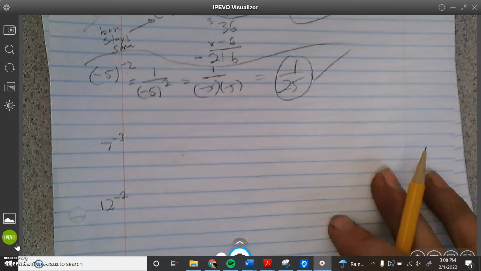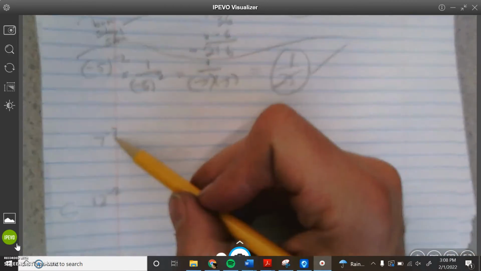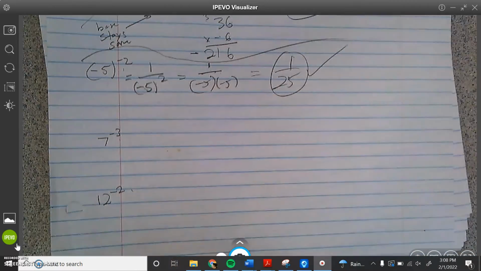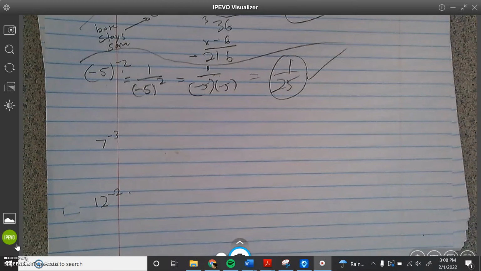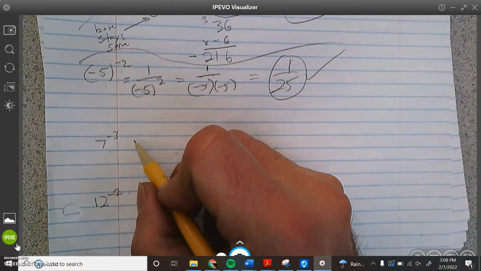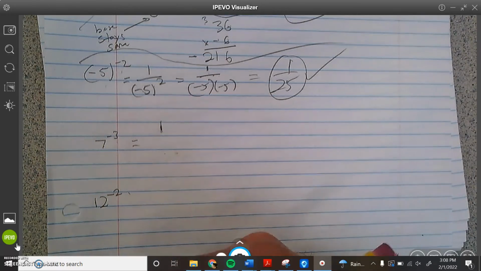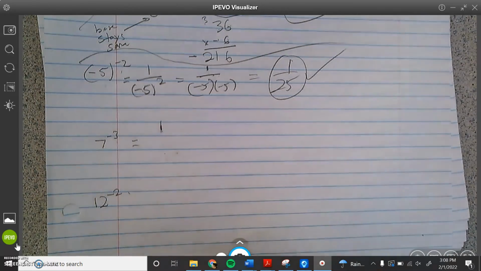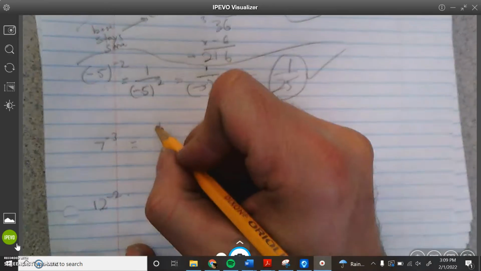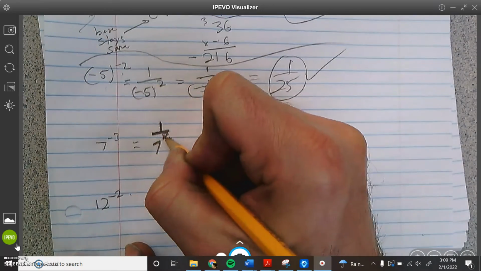All right. Your turn now. Pause the video. See if you can do those two: 7 to the negative third power and 12 to the negative 2 power. Ready, set, go. All right, see if you got it. So this would be 1 over 7 to the third.